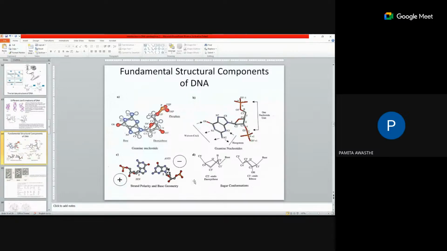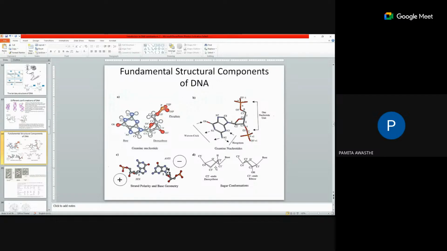How do we define C2 prime and C3 prime endo? This is the orientation of these carbon atoms with respect to this one, and according to this carbon atom as well as the oxygen. If this C2 is above, then it is C2 prime endo. If C3 is above, then it is called C3 prime endo.